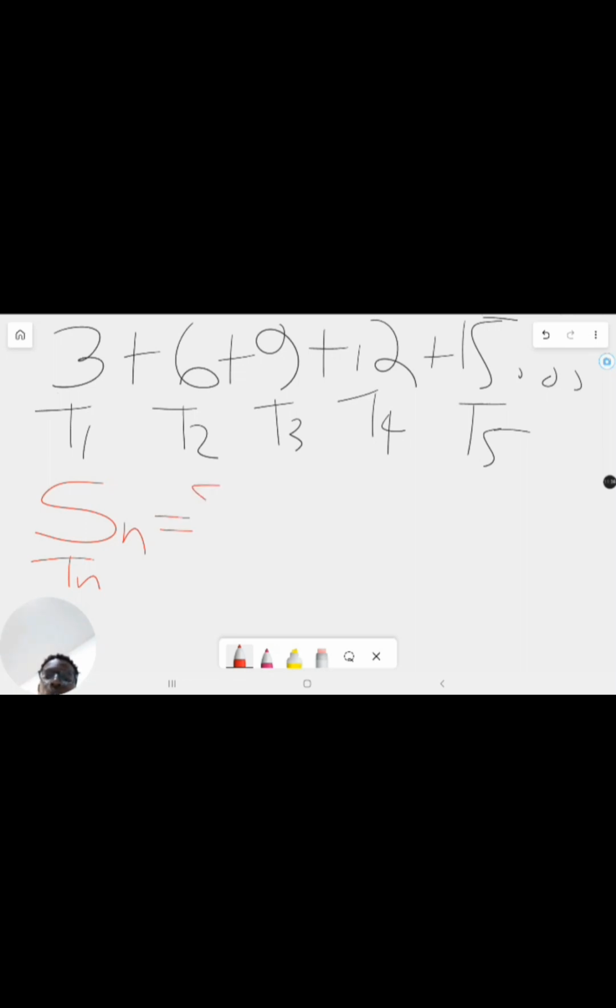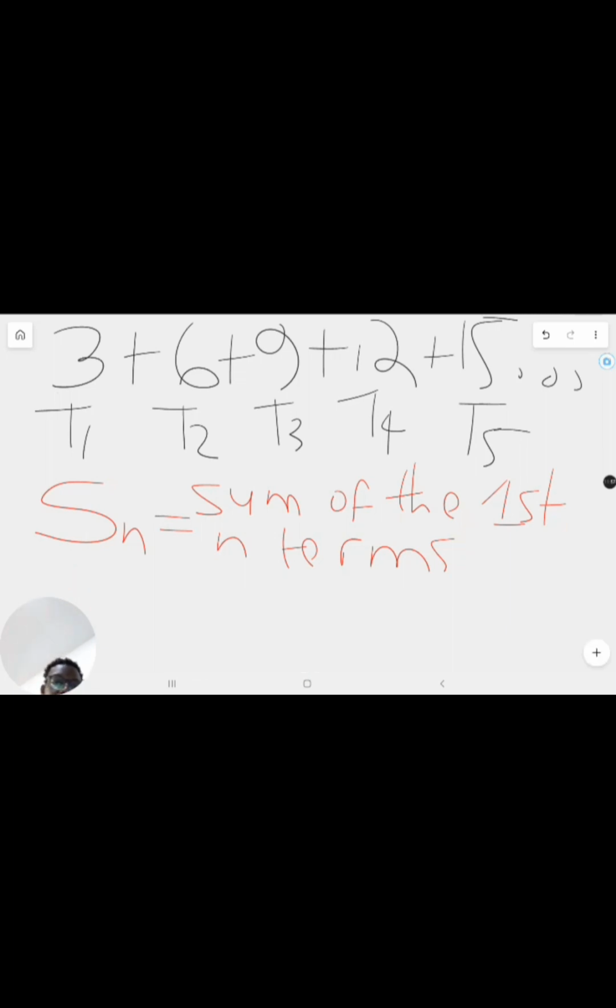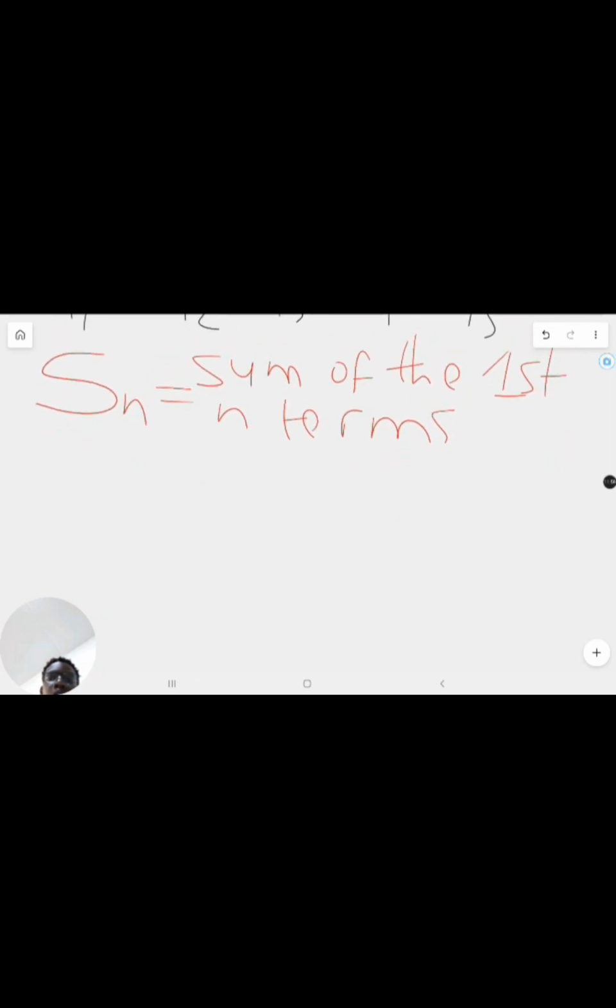So this is the sum of the first n terms. Now, what do I mean by this? I mean the following, okay? Let me just erase this thing down here. The sum of the first n terms. This is what I mean.